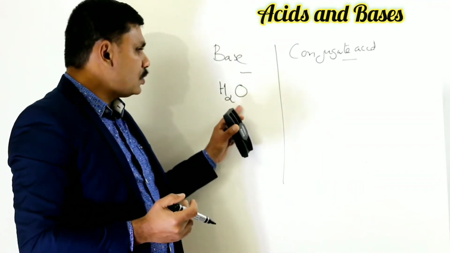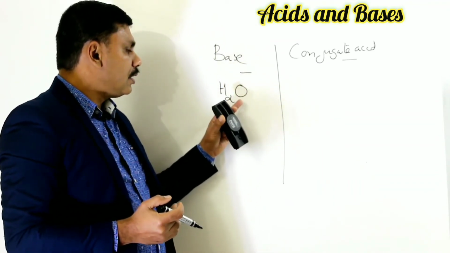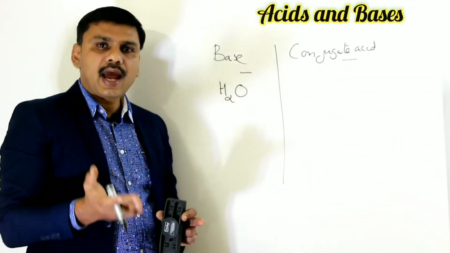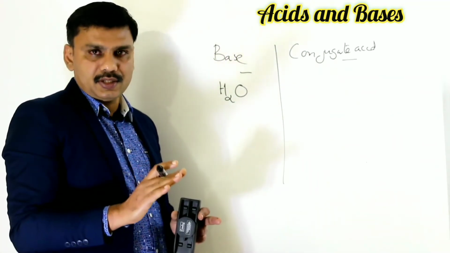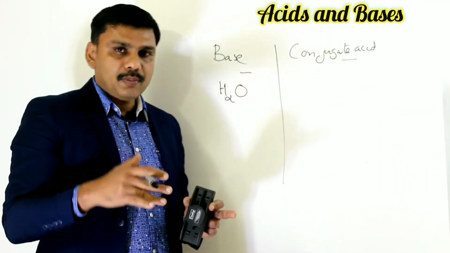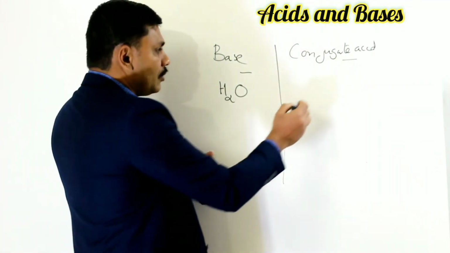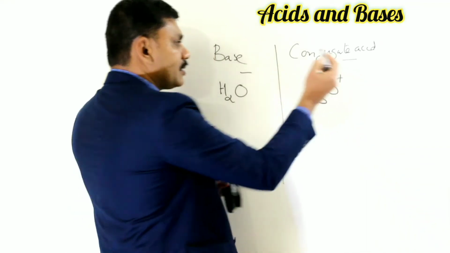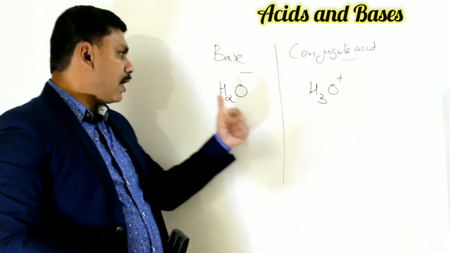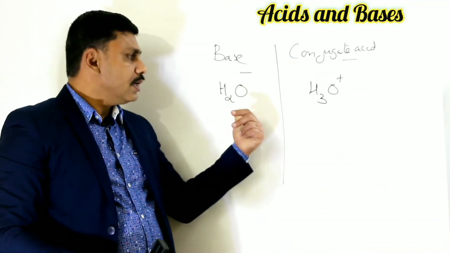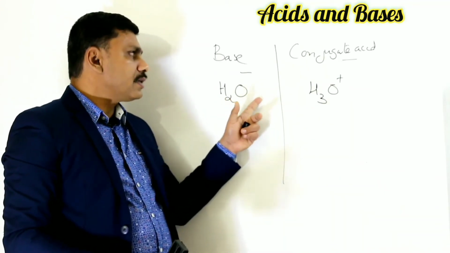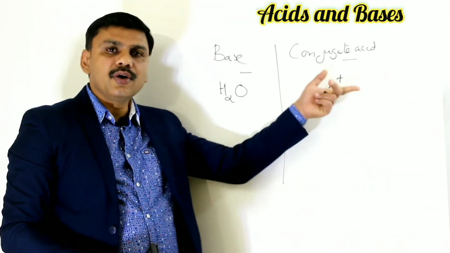So from H2O how will you get the conjugate acid? Add a proton to it. A proton means H plus. When you add a proton to H2O you will get H3O plus. So H2O is a base, and the corresponding acid is H3O plus.